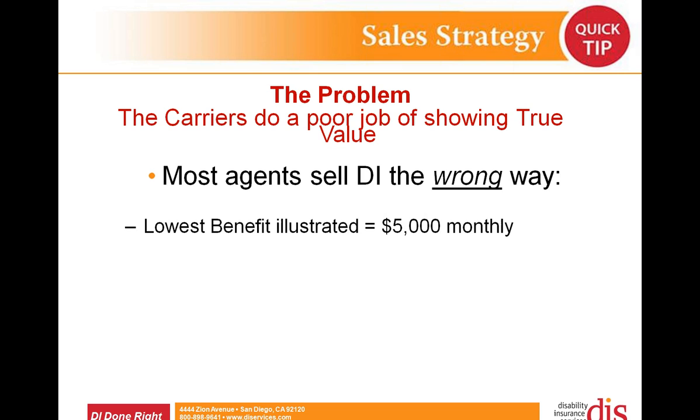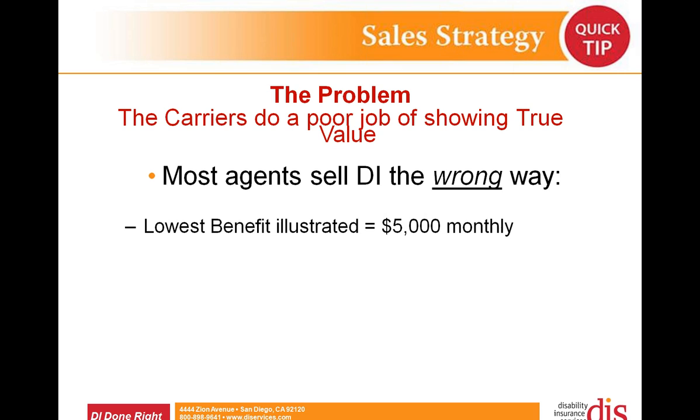What they'll do is they'll get a disability quote from Disability Insurance Services, and they'll hand it over to their client. And what the insurance carrier has done with their quoting software is it's going to boldly highlight the lowest possible benefit, which is the monthly benefit. In our 35-year-old case, it's $5,000 a month.